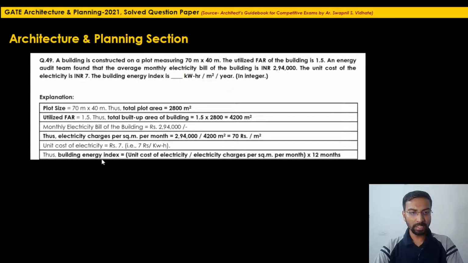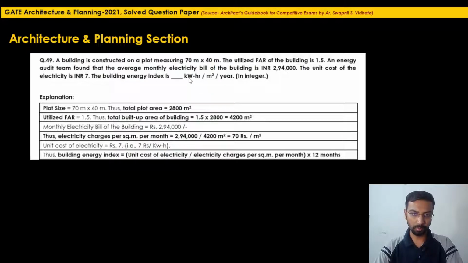So building energy index, what is the formula to identify the building energy index? It is unit cost of electricity divided by electricity charges per square meter per month into 12 months, because the unit they are asking in the question is per year. So here we have to multiply it by 12 months. Many times you can identify the formula to apply.